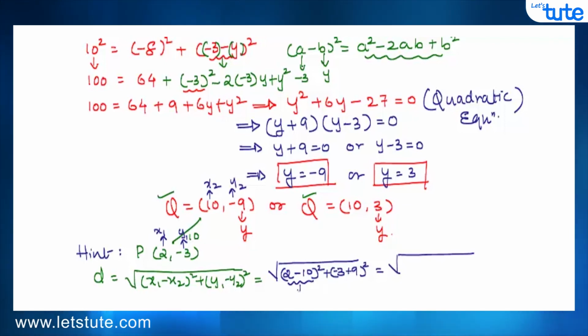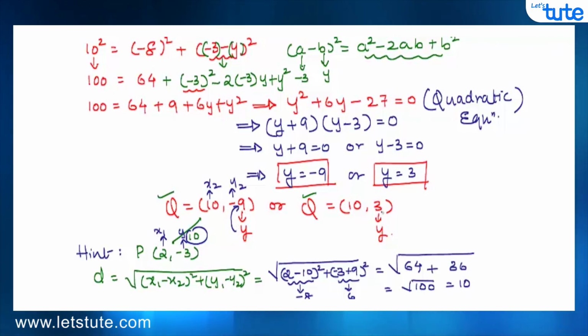Minus 8 squared will be what? 64. And minus 3 plus 9, this will be 6, and 6 squared is 36. So we got root of 100, which is 10 units. Yes, we got the distance between them as 10 units. That means this Q, I mean this value of y, is correct.